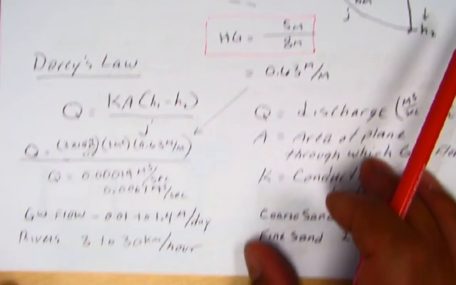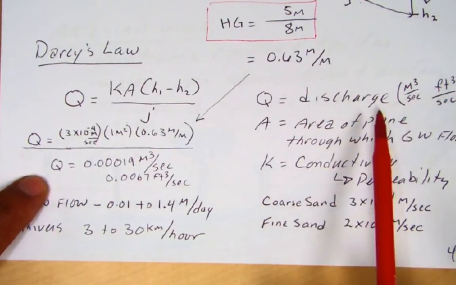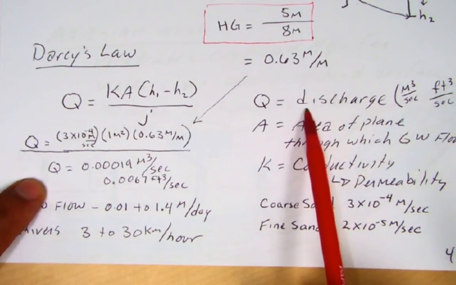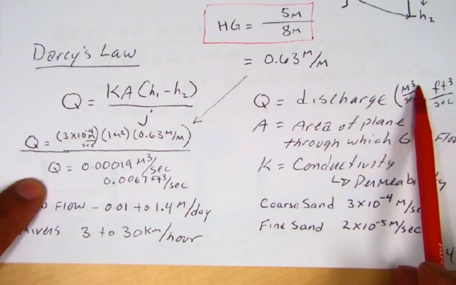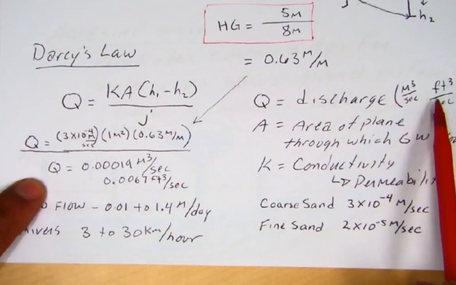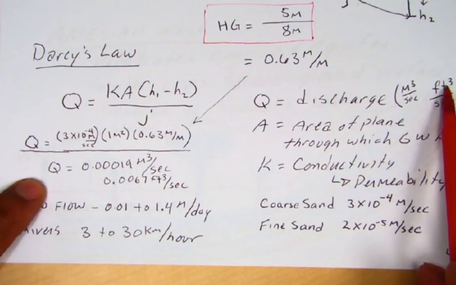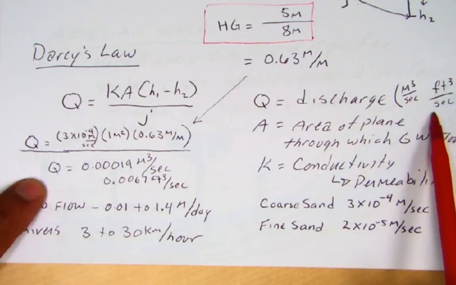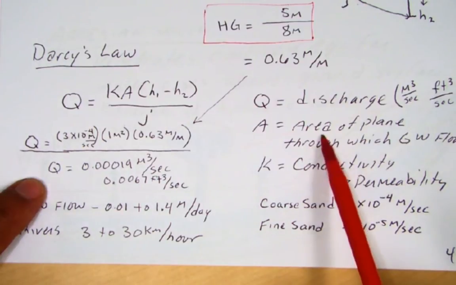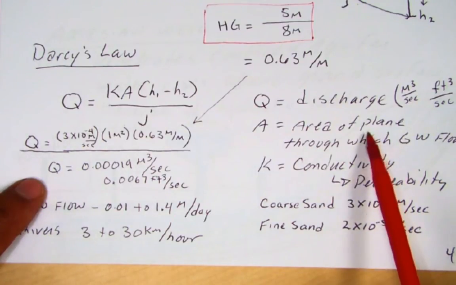But now Q is going to be some discharge, and the discharge, remember, is going to be some volume. It's either meters cubed per second or cubic feet per second, right? Discharge of volume water passing a fixed point in a unit of time. And A will be that area, that plane upon which the groundwater passes through.